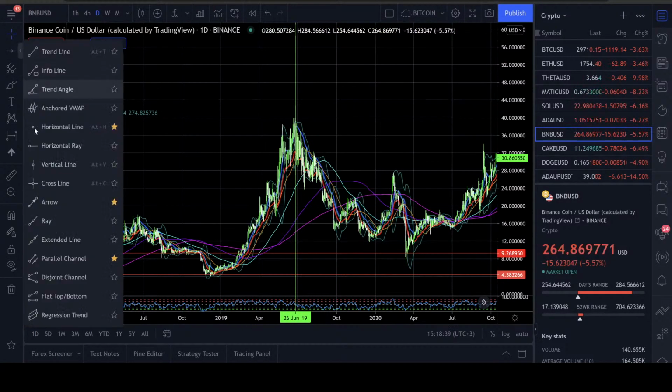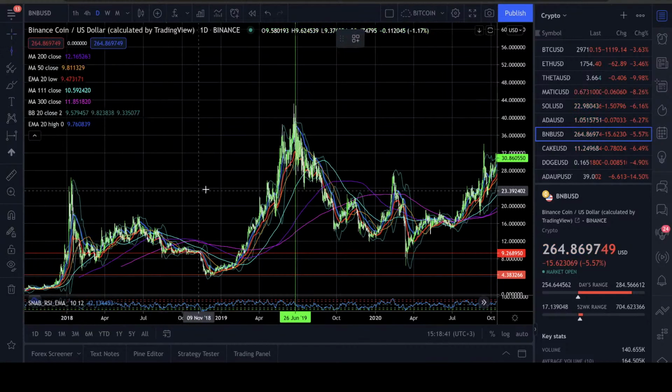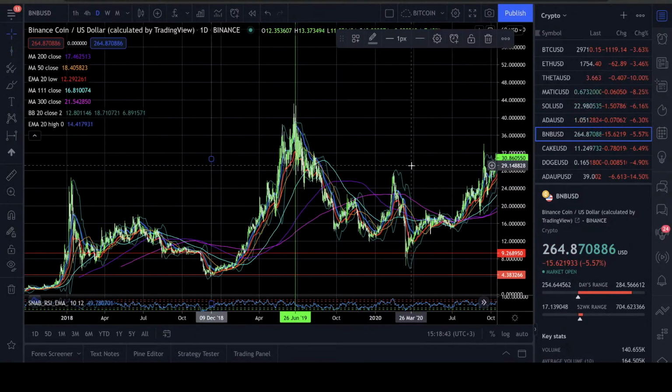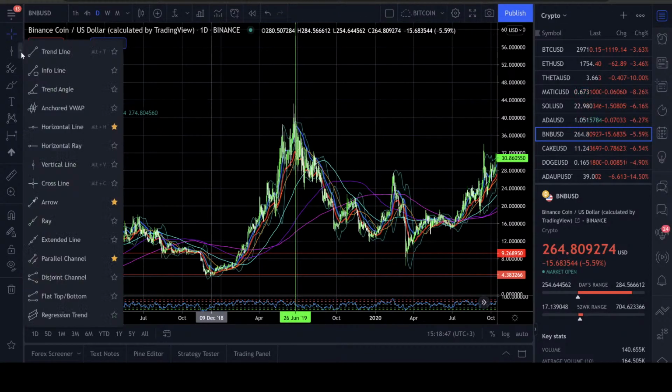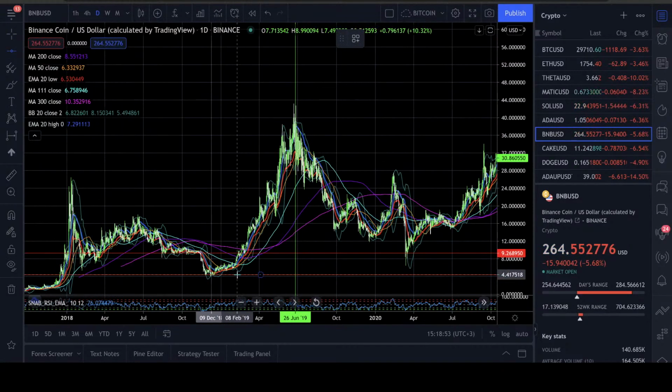During the range period, BNB did 10x from the bottom, while Bitcoin did, I think, 3.5. I don't know exactly off the top of my head, but it went from 3,000 to 13. Maybe it was 4.5. I don't know exactly, but it was less than BNB.